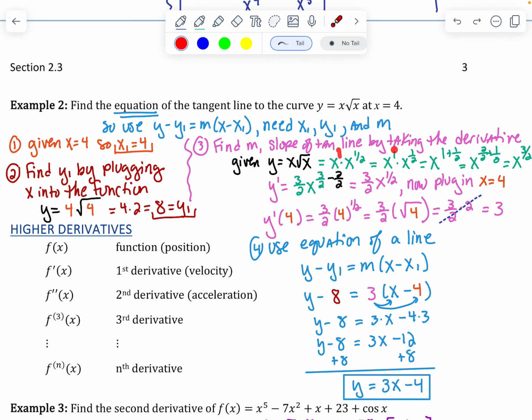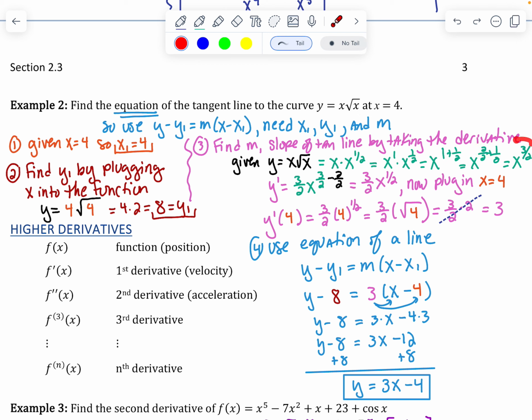I'm thinking of this first x having an invisible, which I've now made visible, 1 exponent. And because I'm multiplying the same base, I can add those exponents, where 1 needs to be thought of as denominator over denominator. So I have a same denominator of 2, and I can add the 2 plus 1 to get a 3.